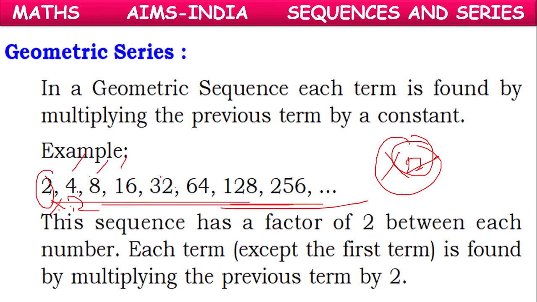Any term of the sequence can be obtained by multiplying the previous term with one common number, one common factor. As we are multiplying, we can call it a common factor. So here the common factor is 2.